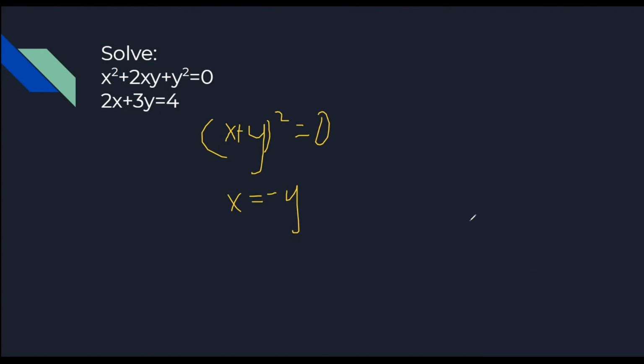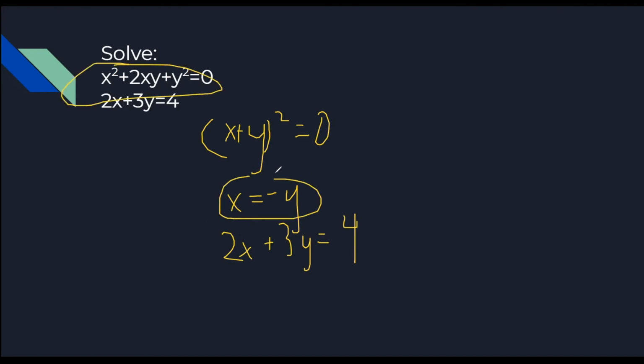Aiden, do you want to take it from here? So we have the two equations, x equals negative y, and 2x plus 3y equals 4. What? I thought you were solving the one shown on the slide, or the one you're drawing right now? Yeah, so this first equation on top is actually equal to the equation x equals negative y. They're exactly the same. Oh, so take it from here.